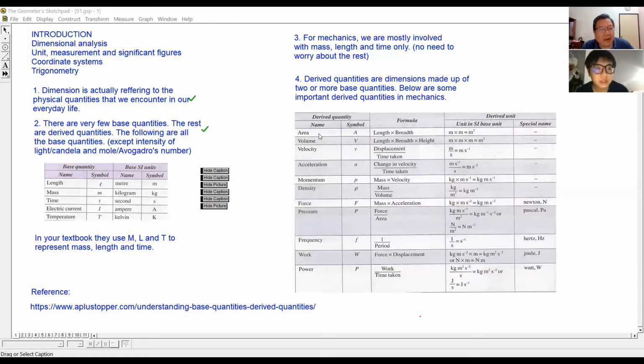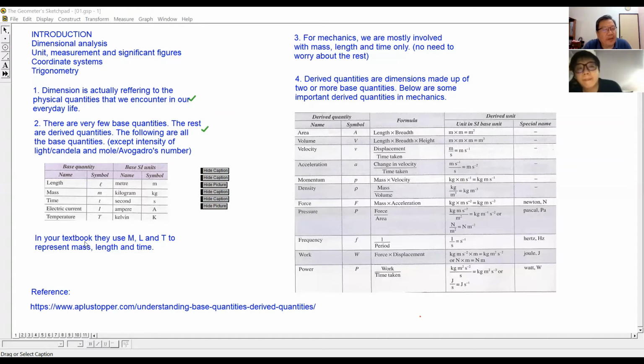Understand? So you know, dimension is about physical quantities. Physical quantities, there are two types. One is the base quantity, the building blocks, and the other one is the derived quantity, which is a combination of one or more of these base quantities.